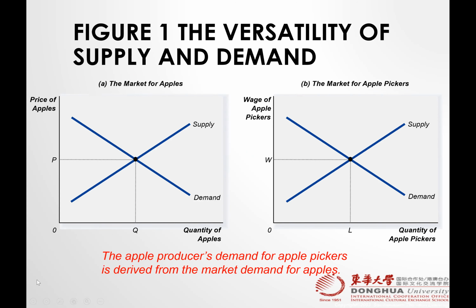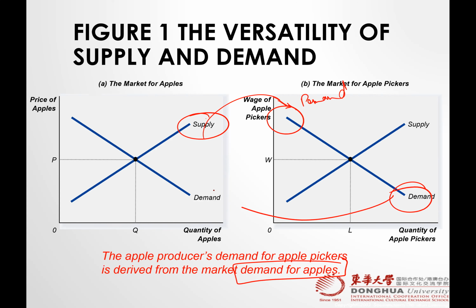So suppliers of apples, or producers of apples, demand apple pickers, and it's because of the market demand for apples. It means the suppliers' demand for laborers depends on the demand for the product.